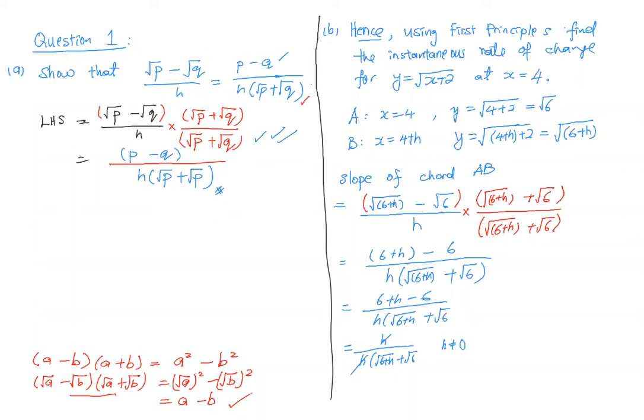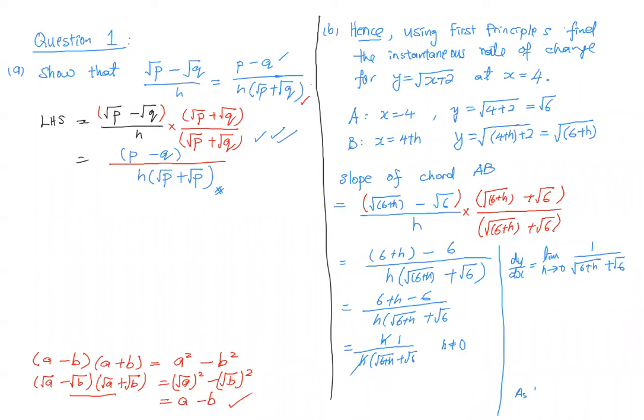So up here is 1. So we write down dy/dx will be equal to limit h tends towards 0, 1 over square root of 6 plus h plus square root of 6.